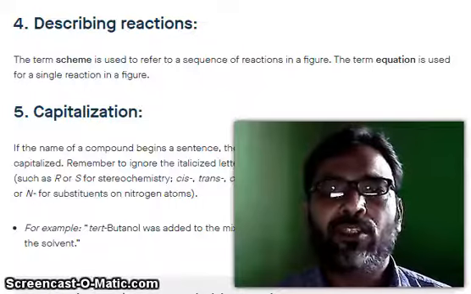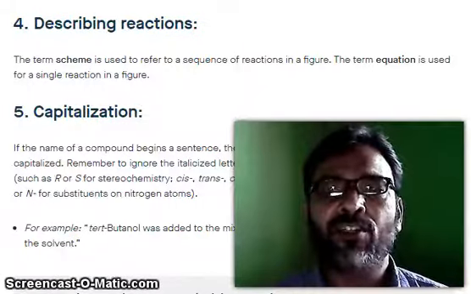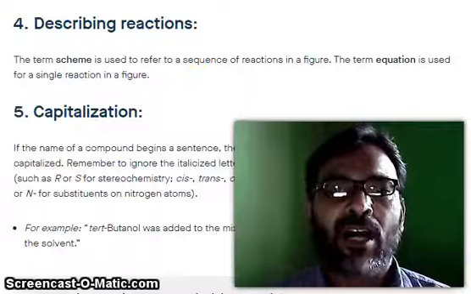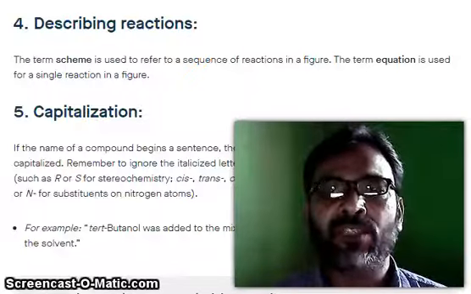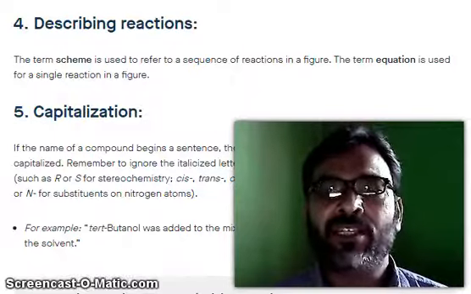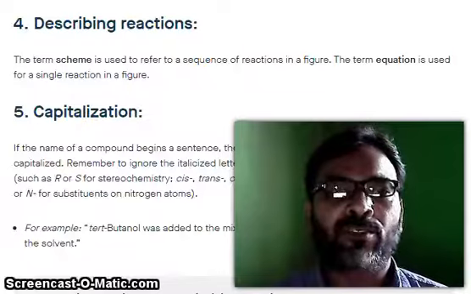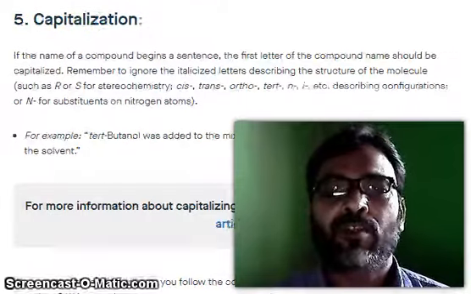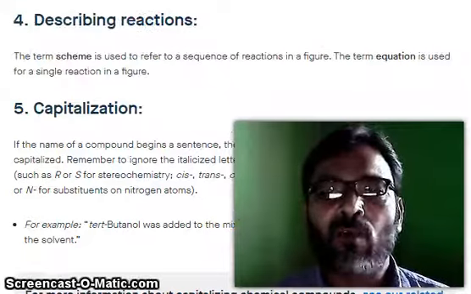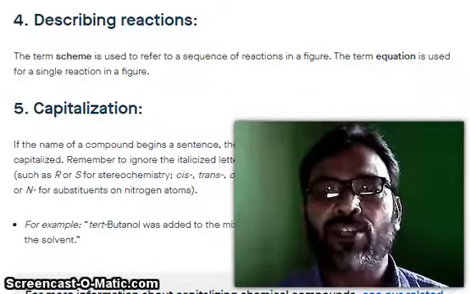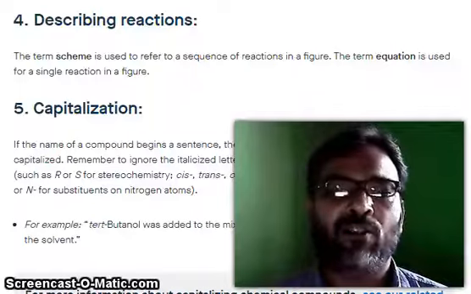Remember to ignore the italicized letter describing the structure of the molecule, such as R or S for stereochemistry, cis, trans, ortho, tert, N, I, etc. describing conjugations, or N for substituents on nitrosamine. For example, tert-butanol was added to the mixture, or N,N-dimethylformamide was used as solvent.